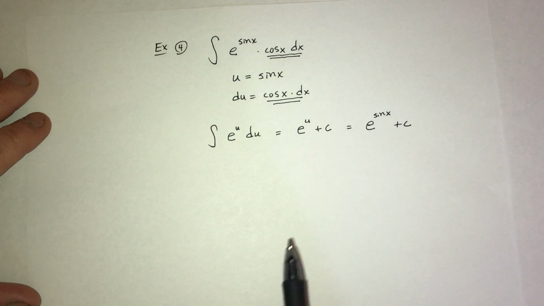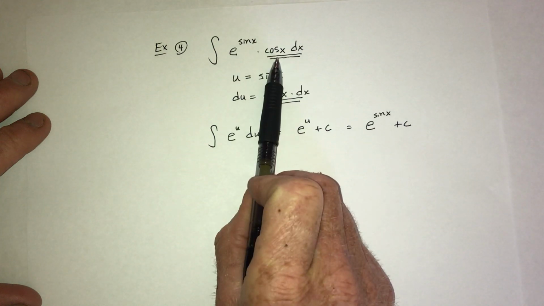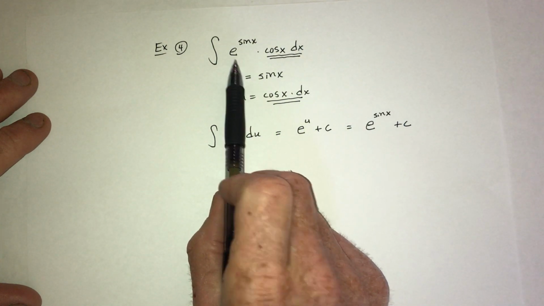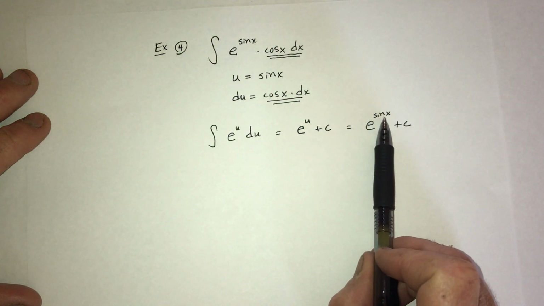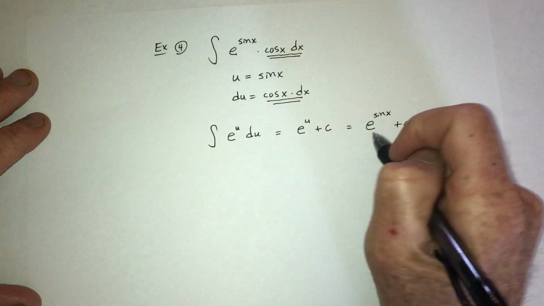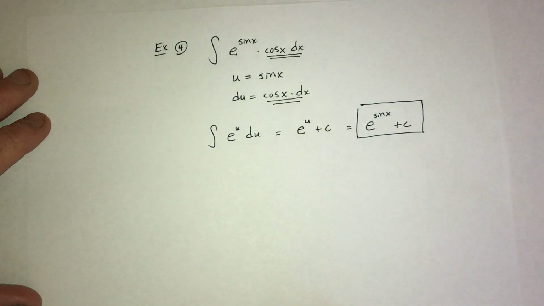And of course, with integrals, you can always check your answer. If you take the derivative of this, you should get this. Well, the derivative of the e function is the e function, so that part's right. And then the chain rule would say also you need to take the derivative of sine, which is cosine. So now I'm confident that this one is correct. I'm going to box it up. There we go.